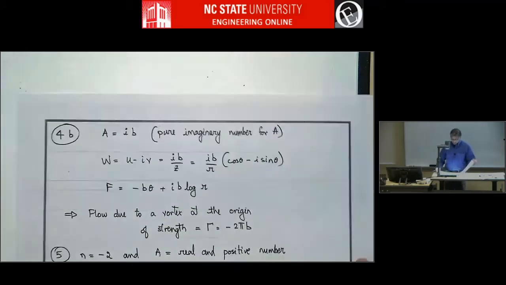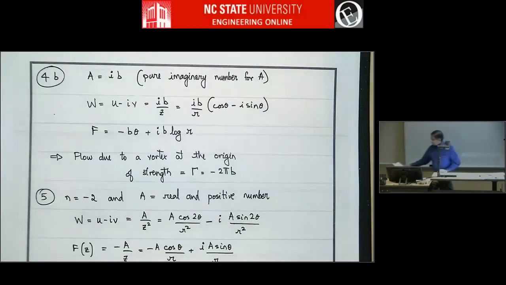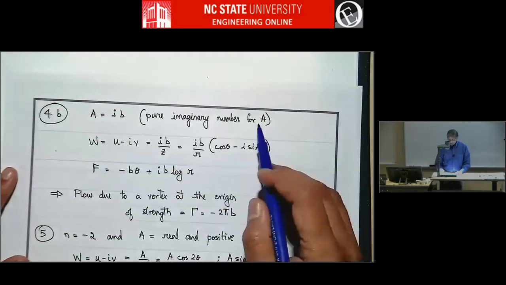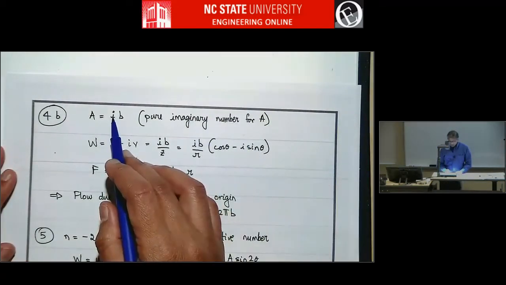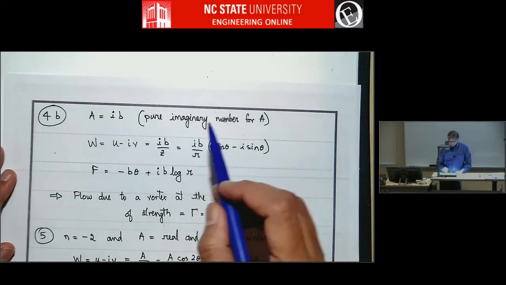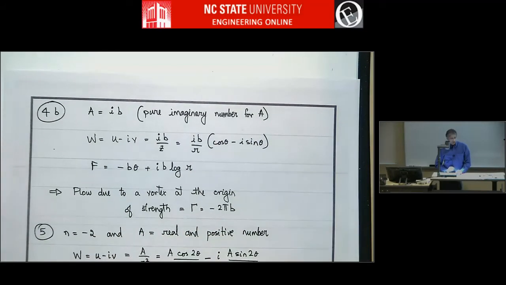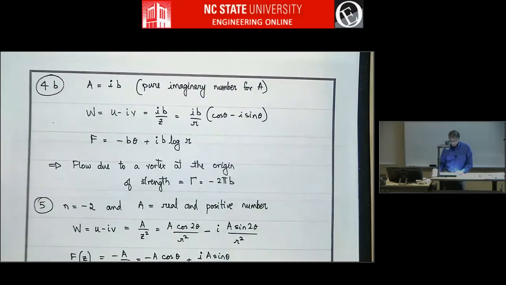That's 4. Now, 4b is where a is a pure imaginary number. So let's call it i times b. This becomes flow due to a vortex at the origin of strength minus 2 pi b.